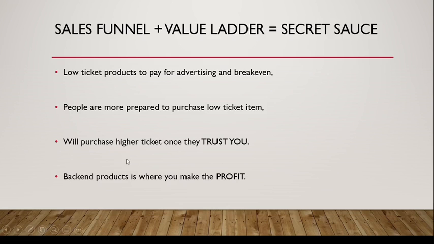Once they trust you, you build value, you build communication, and you can then offer them higher ticket prices. At the back end of the value ladder, that's where the profit comes. If people have got value from your products, they may be more comfortable buying a course or having a mastermind or a one-to-one with you for £1,000, for example. So the sales funnel and the value ladder is the secret sauce.